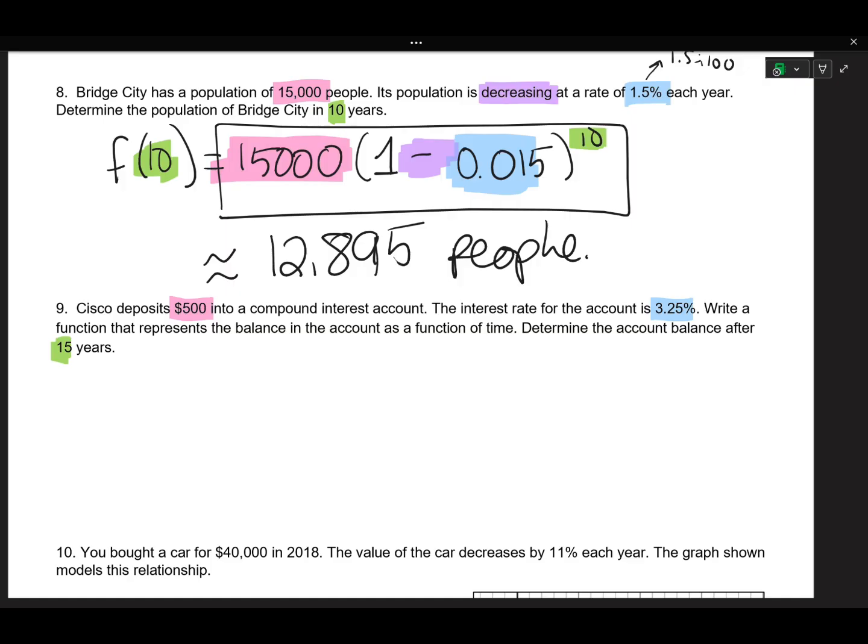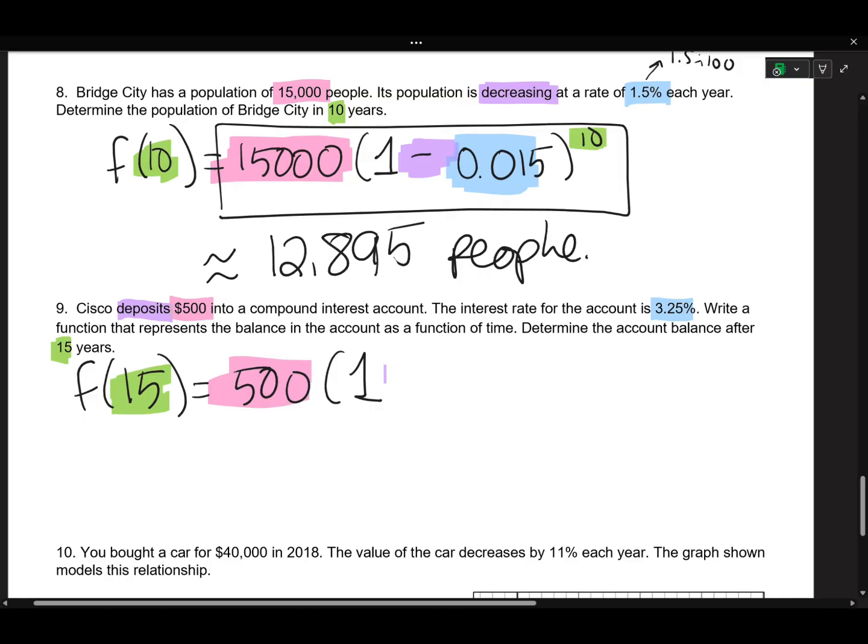Now, we start our function the same way with an f. We're plugging in 15, so let's put a 15 instead of x. It starts with 500 because that's what we're putting in. And the parentheses and the 1. We have to determine whether or not we have a plus or a minus. We are depositing. That's putting in, so we're going to have a plus.